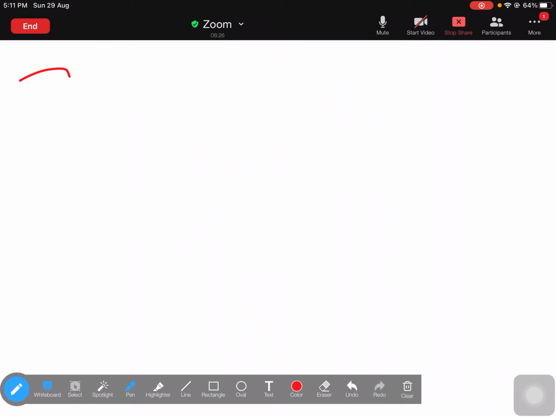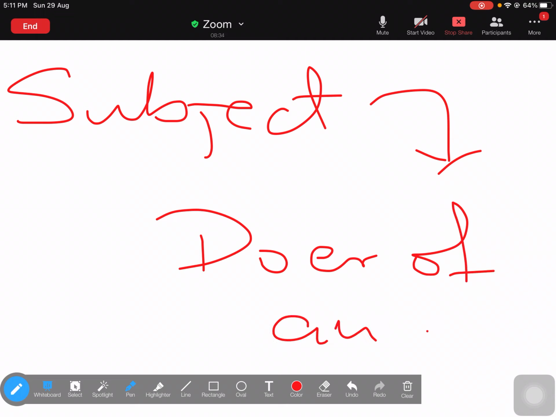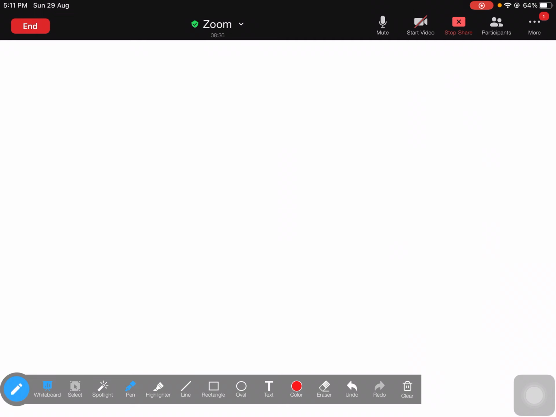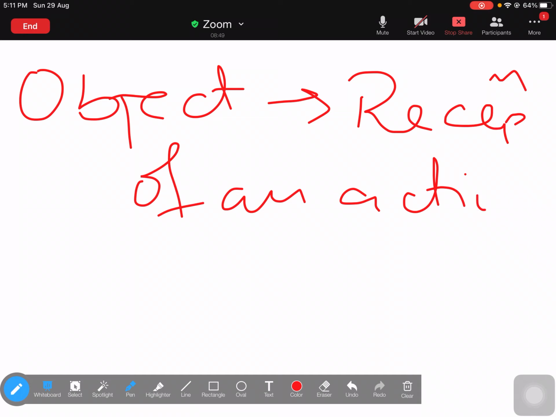It's easy. Subject means someone who does the action. Subject shows the doer of an action. And someone who receives the action is the object. In short, the recipient of an action is nothing but the object.